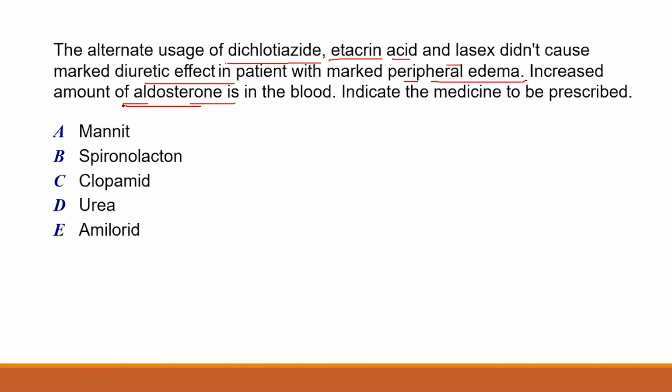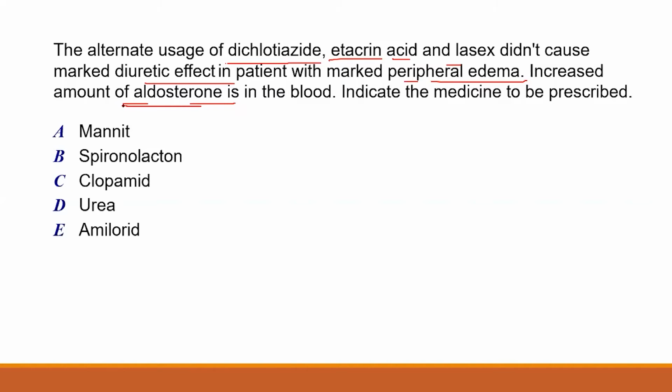This is your clue to your answer. There is an increased aldosterone. And you know aldosterone is in the habit of retaining more sodium. So there's more sodium in the body. And you know where sodium is, that's where water is. So sodium has the affinity for water. And that is why, because there is a lot of sodium in the blood, the diuresis is not happening, or the fluid is not escaping into the outside world.